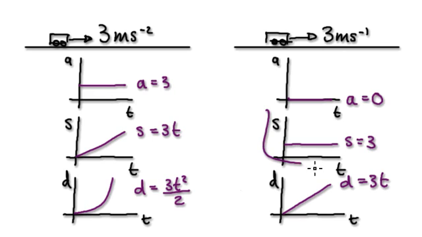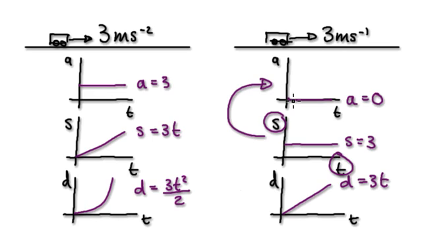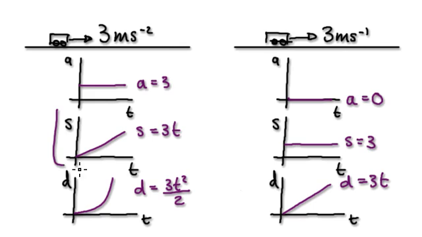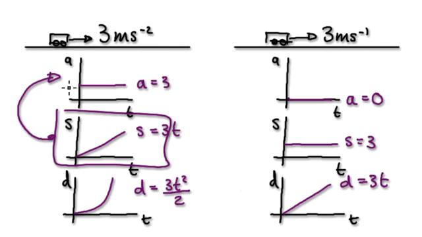Okay, so if you get a speed time graph looking like this, you know that there's no acceleration, because when it's flat, the gradient is 0. Remember the gradient of a speed time graph represents the acceleration, and the area underneath the speed time graph represents a distance traveled.